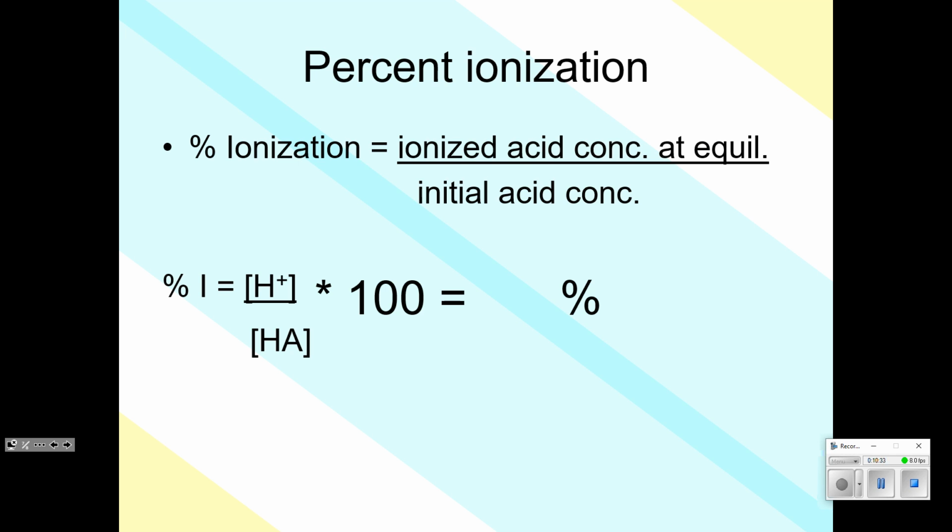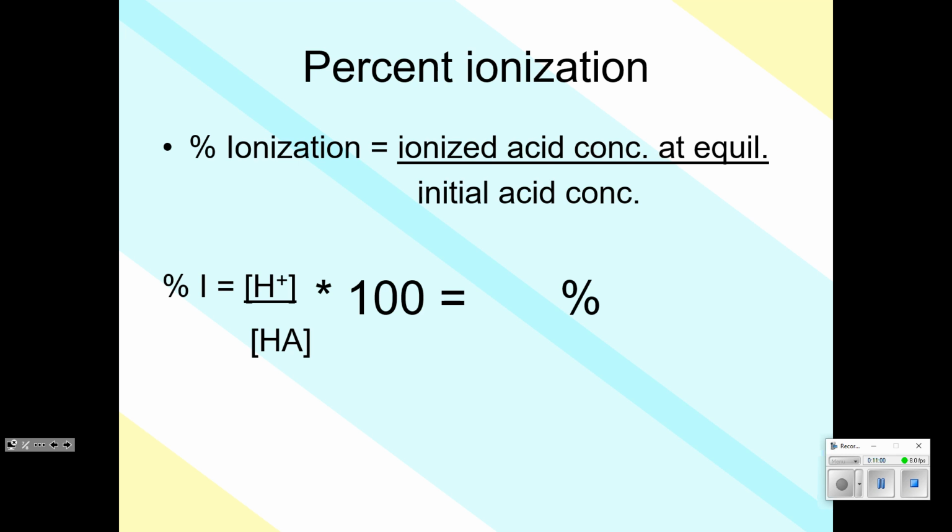So when we ask for percent ionization, what we're asking for is how much H plus did that original HA create. I've shown that written two different ways up here on the smartboard. Percent ionization is the ionized acid concentration at equilibrium divided by the initial acid concentration, or the H plus concentration divided by the HA.